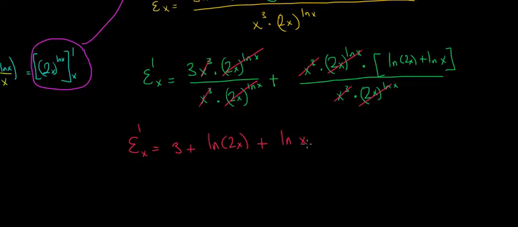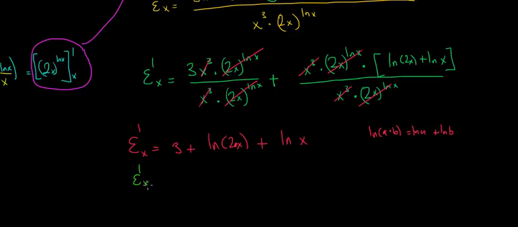And let's see, can we do something else? What we can do, still something, just to make it even more nice, 2 times x under the logarithm, we could apply a logarithmic property, which is ln of a times b is equal to ln of a plus ln of b. So we could write ln of 2 times x as ln of 2 plus ln of x.